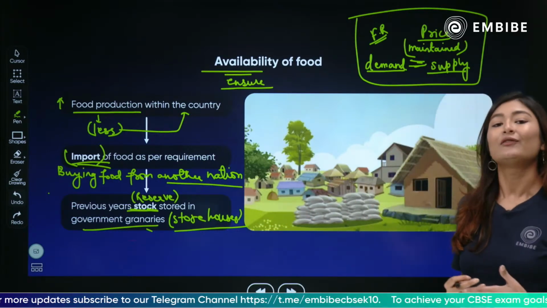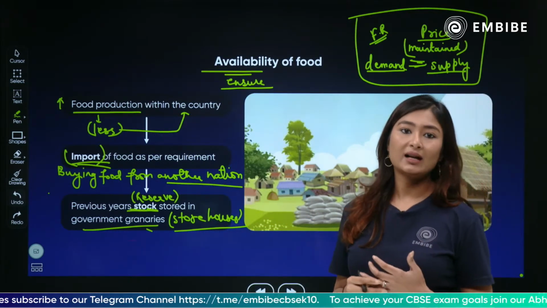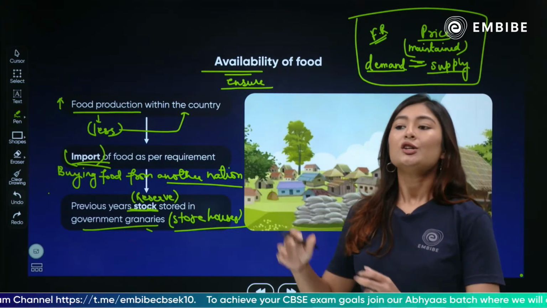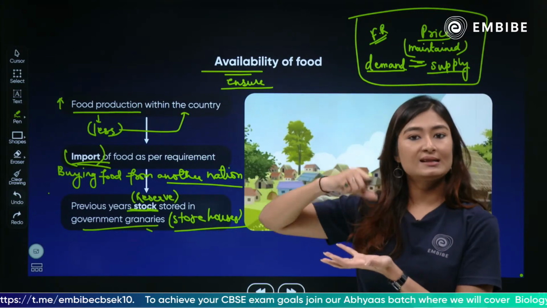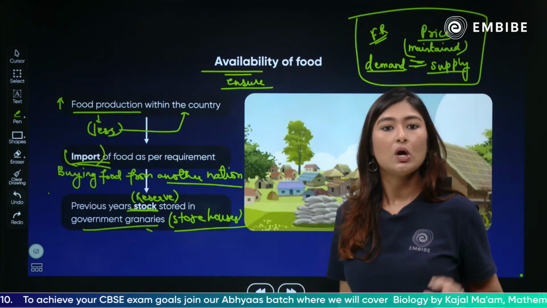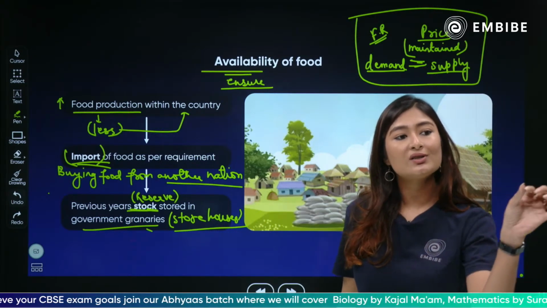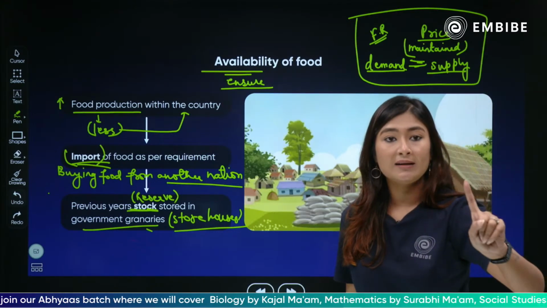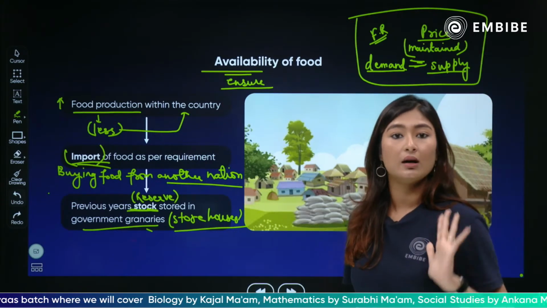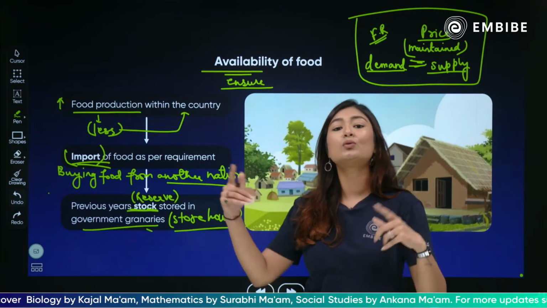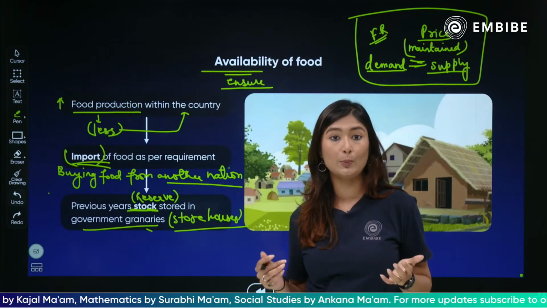For example, हम क्या करते हैं घर में? If your mom is using salt, she would have a jar where she has stored the salt, but she'll have one extra packet in the cupboard also. So that the moment the salt gets over, she doesn't have to go to the market necessarily when it is immediately required. She has one in reserve. Or the same thing is done with the cylinders of gases that we use for stoves or for the purpose of cooking.